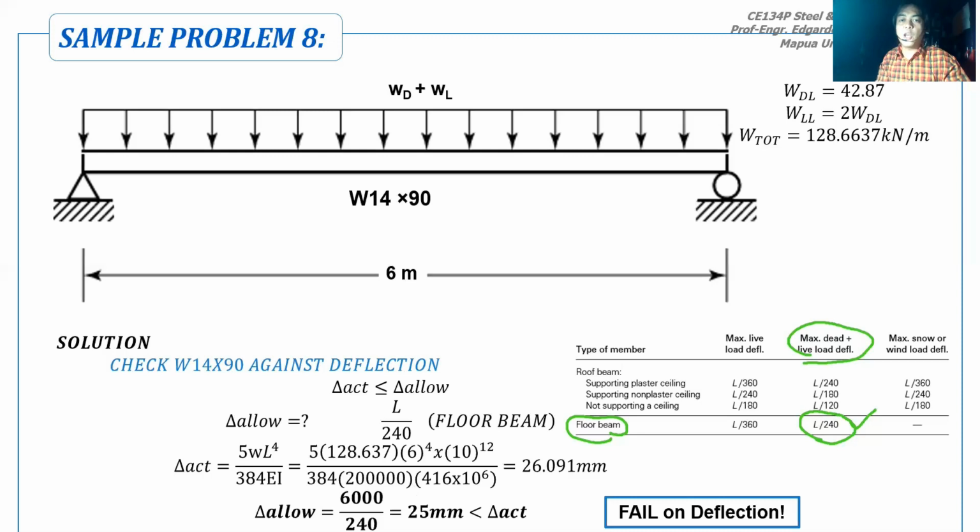So choose a W14 from the steel manual with a moment of inertia greater than 416, so that your actual deflection is reduced to 25 mm. That is how we design steel beams against deflection. So this is how we design steel beams against shear and against deflection. Thank you for listening.